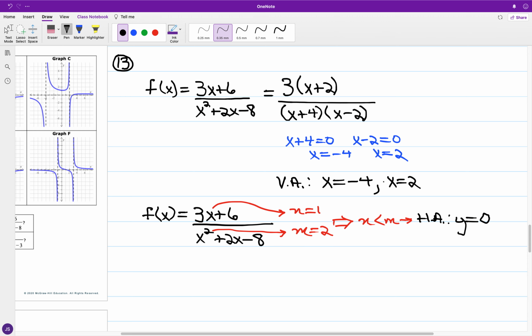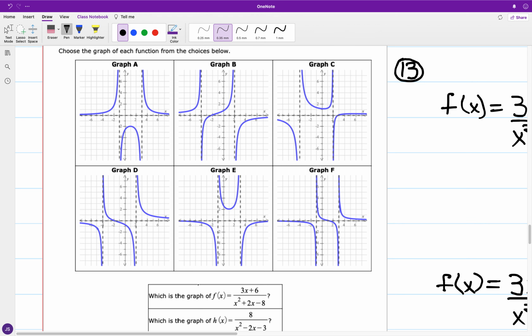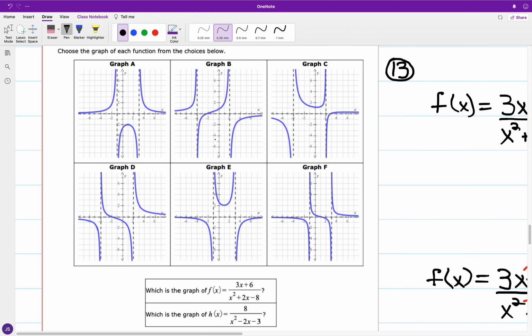So we've got these three asymptotes, and to see which of the graphs will have these asymptotes, we have x at negative 4 as well as 2. If you notice, we don't have this present in graph A. We've got x equal to negative 4, x equal to 2, y is equal to 0, so B is still in the running.